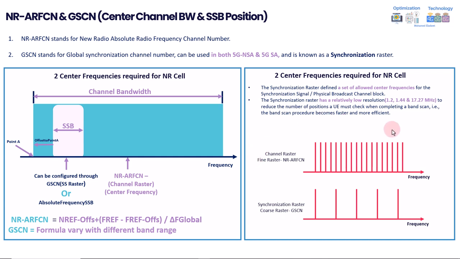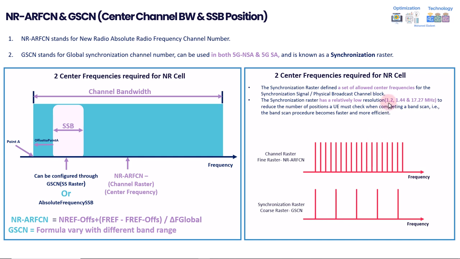As you can see, the main difference between the NR-ARFCN, or the channel raster, and the synchronization raster is how the user scans. The synchronization raster has a relatively low resolution. For example, instead of moving each 100 kilohertz, the user can make the scan each 1.2 megahertz. And this means the SSB is at a fixed location.